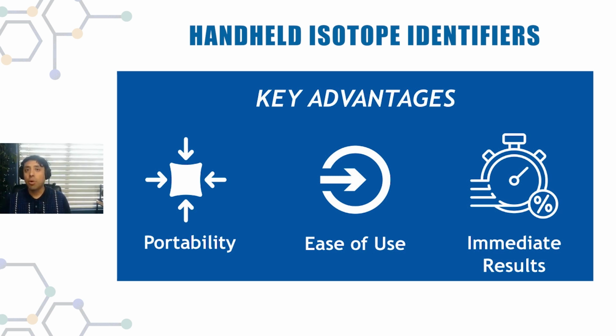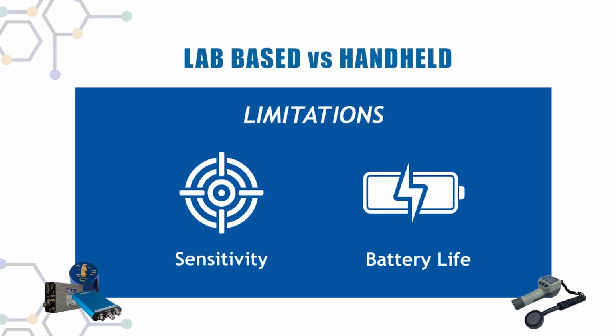However, it is important to acknowledge certain features that aren't there compared to a lab-based system. Lower sensitivity compared to lab-based systems: while highly effective, the compact size and portability of these devices mean they may not match the sensitivity and precision of lab-based systems.